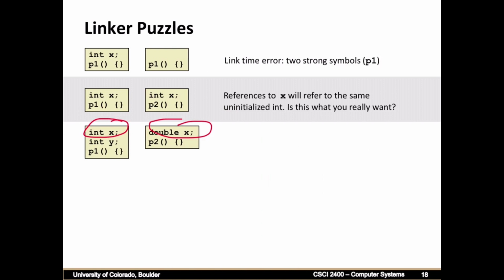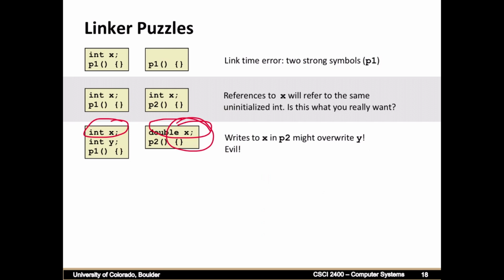Again, a symbol is a symbol, and it's basically just a location and a size. Depending upon which symbol was picked to resolve this, for example, if the int x symbol was taken to resolve the double x usage, then the memory locations x and y might be modified anytime that somebody tried to refer to the double value of x.